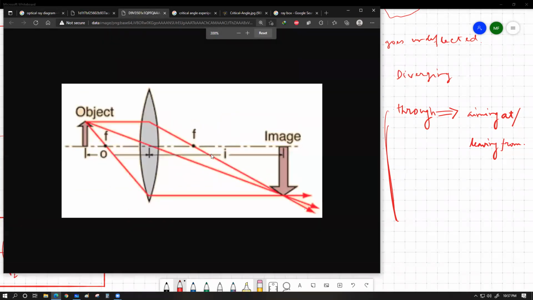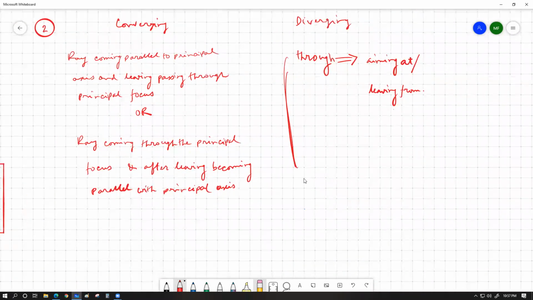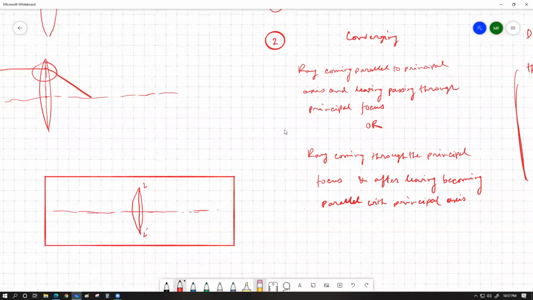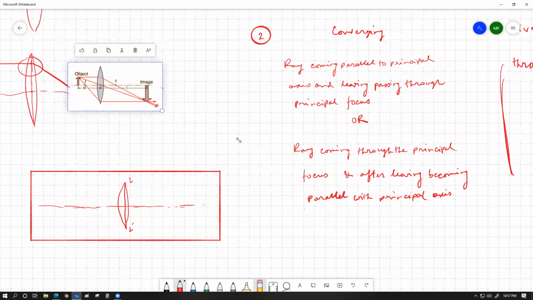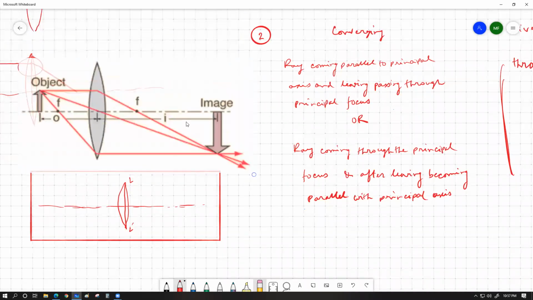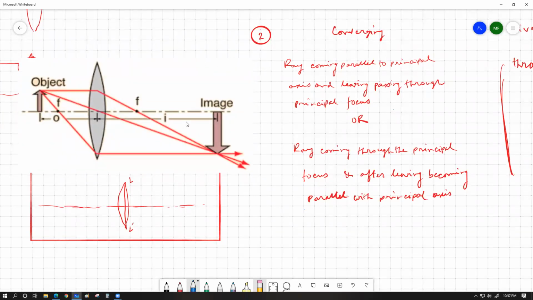Have a look at these three different rays that they have drawn. We don't have to draw all three, but we can choose any two of them. To be honest, one ray we have to draw. So let me copy this image and bring it up over here, might as well be helpful for the upcoming discussion. I'm going to paste it over here. Okay, so this is our ray number one. Let me use blue. This is our ray number one. We have to draw this.